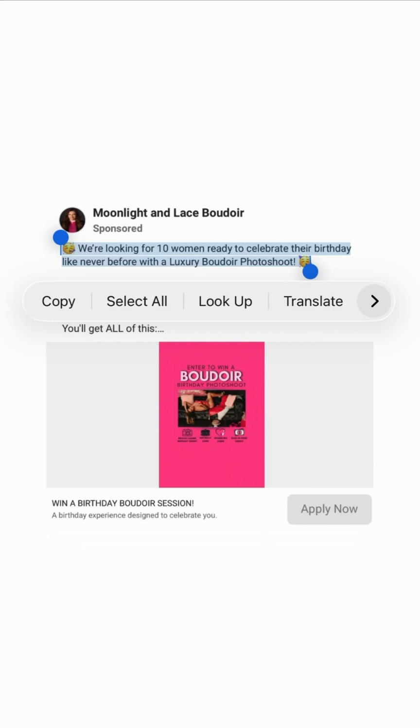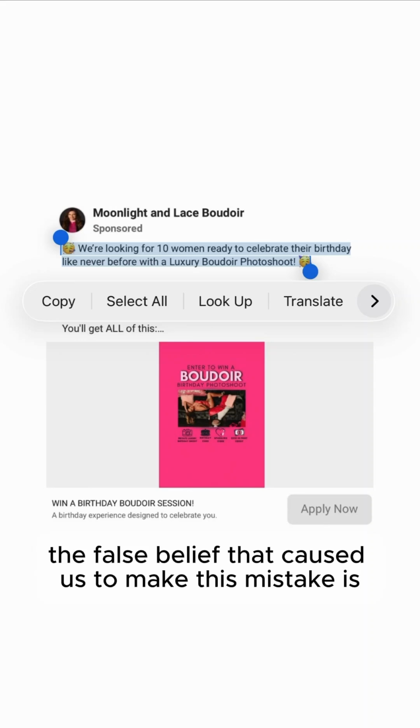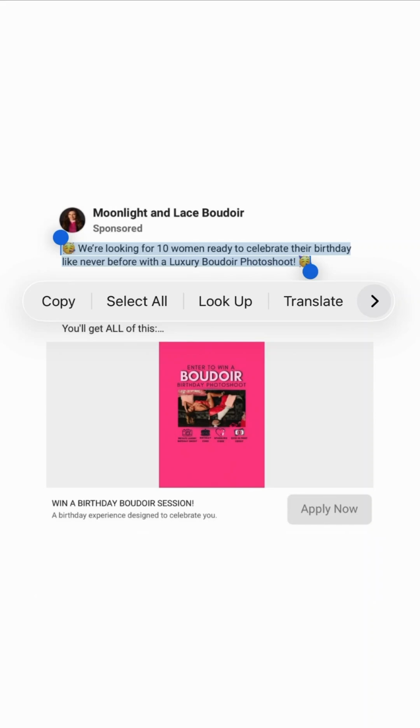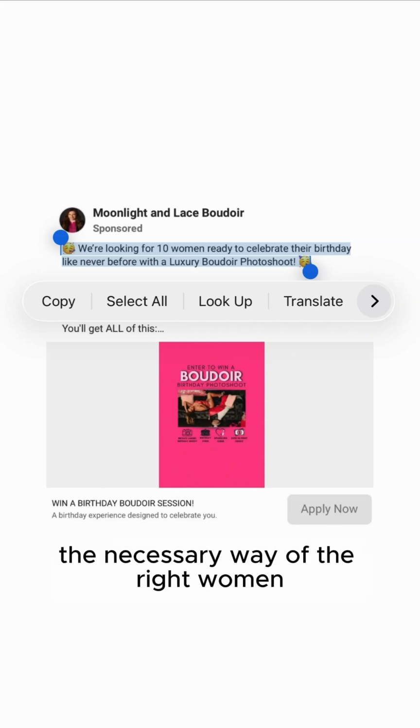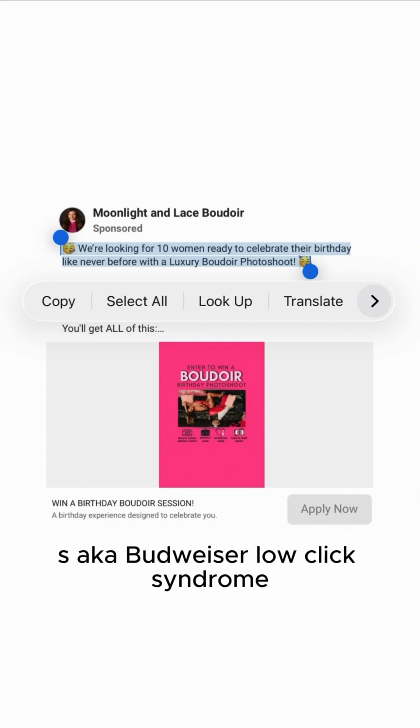So this is the lack of context mistake. The false belief that caused us to make this mistake is, we believe we provide enough context, but the consequence of this is, we actually have way, way, way more women scrolling by than necessary, way fewer of the right women, pulling our unique CTR down and pointing to us having BLCS, aka Boudoir low click syndrome.